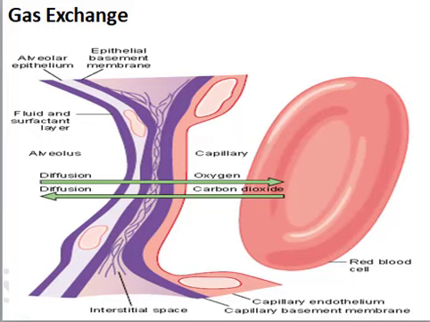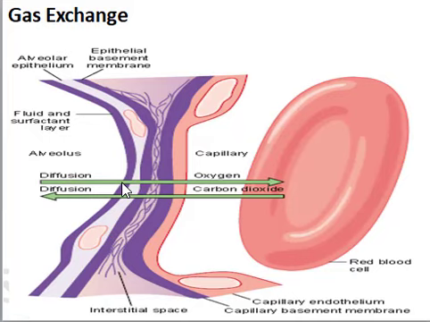It's important to know the area through which gas exchange occurs. This area consists of multiple layers, and it is called the diffusion barrier.